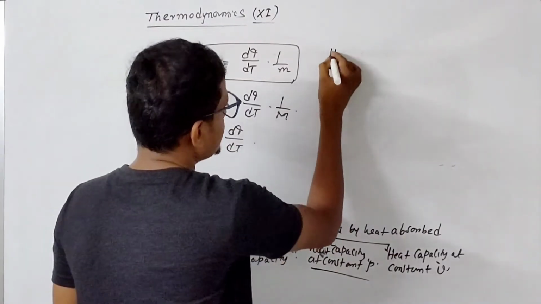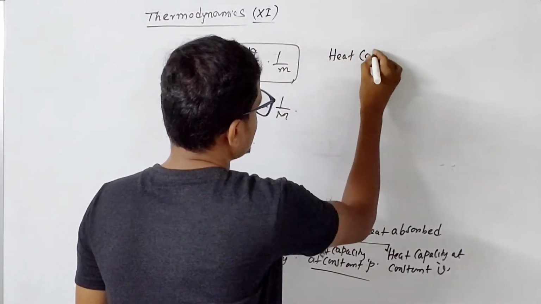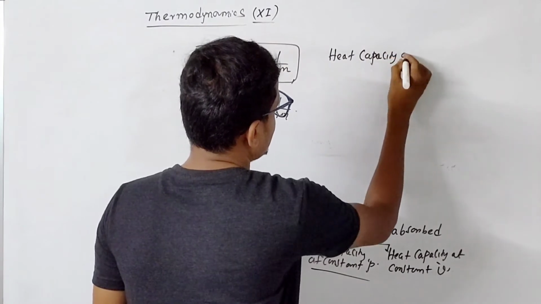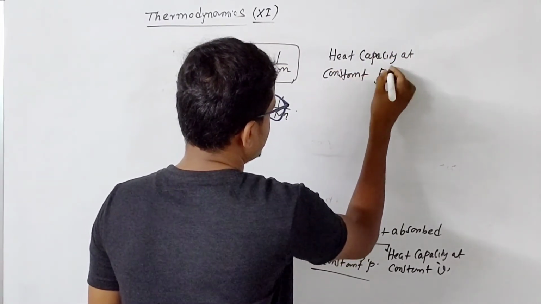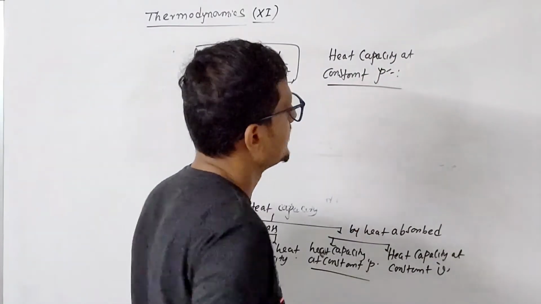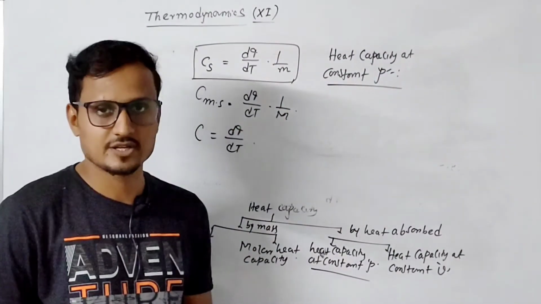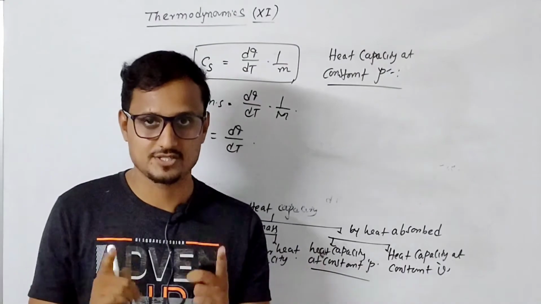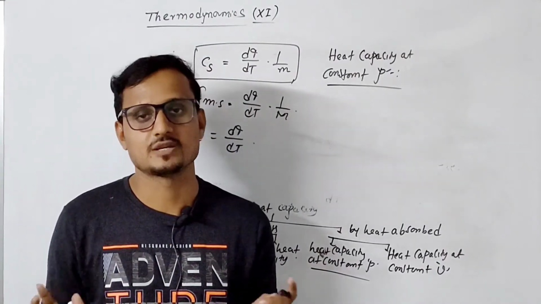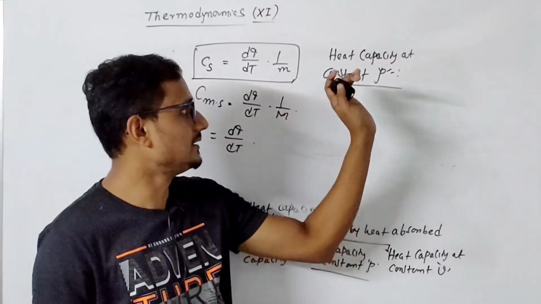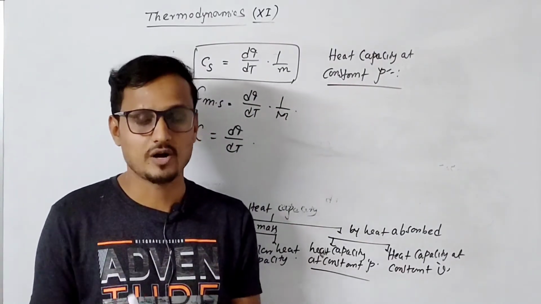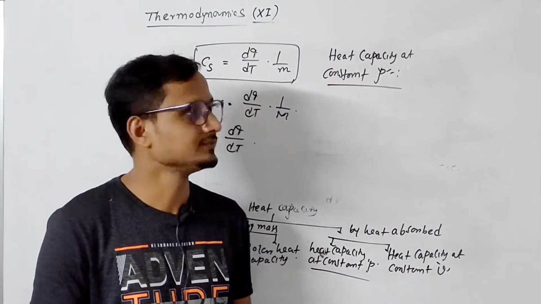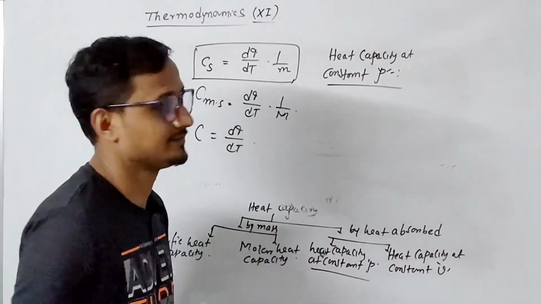Heat capacity at constant pressure. It is the amount of heat required to increase the temperature of a system by 1 unit at constant pressure. Simply, the amount of heat required to increase the temperature of a system by 1 unit, at constant pressure.